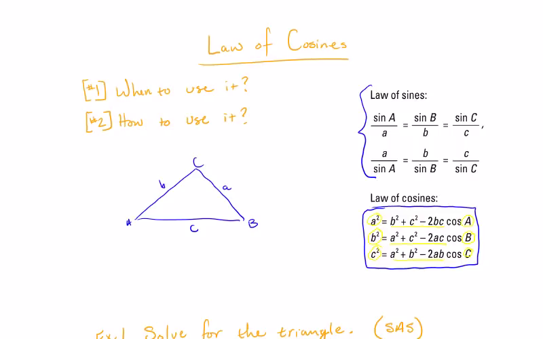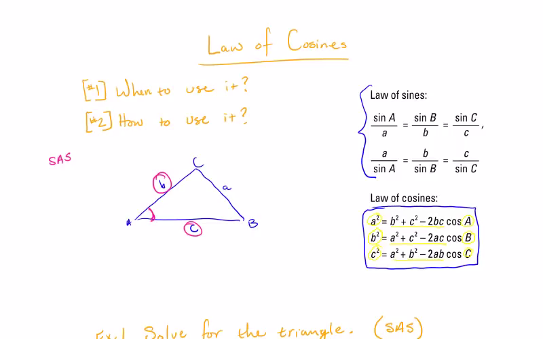Alright, so the first question I want to ask is, when would you use the law of cosines? Law of sines, hopefully you know how to do that, but the law of cosines comes into play when you are given three pieces of information. The first scenario is side, angle, side. You'll be given a side and another side, and the angle that those two sides create.